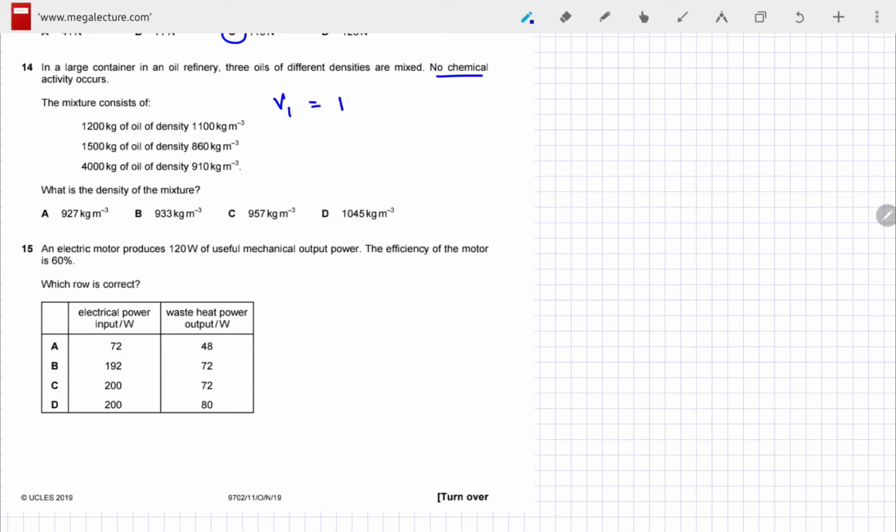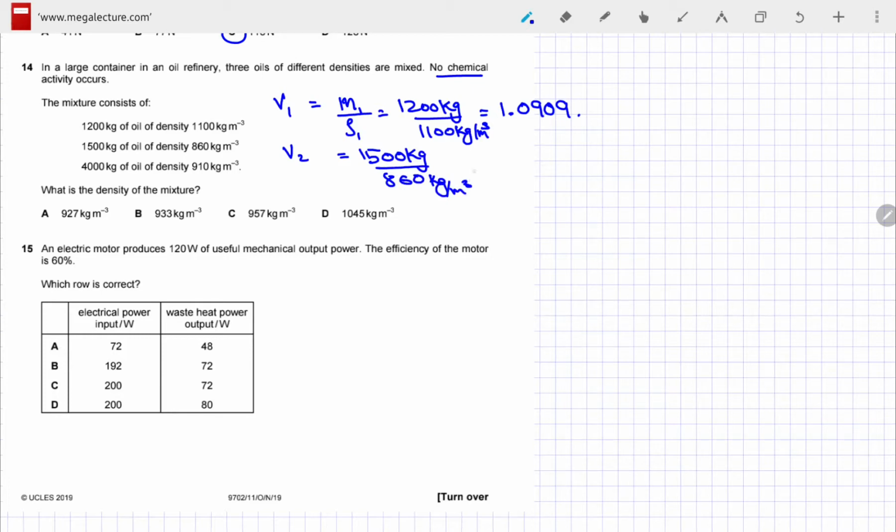So we have mass 1 divided by density 1, which is 1200 kilograms divided by 1100 kilograms per meter cube, and this is 1.0909. Similarly, compute V2, which would be 1500 kilograms divided by 860 kilograms per meter cube, and this turns out to be 1.744 meter cubes.